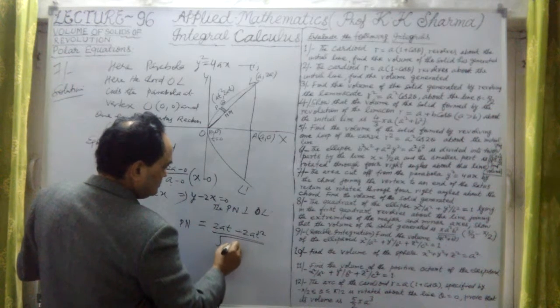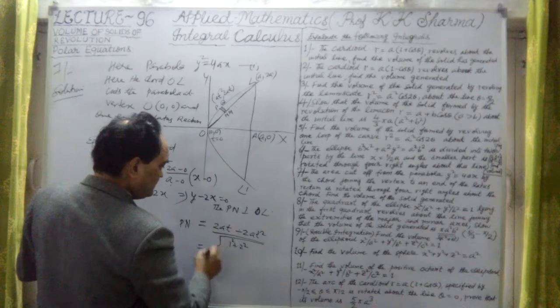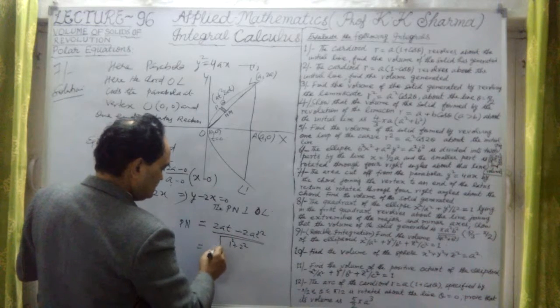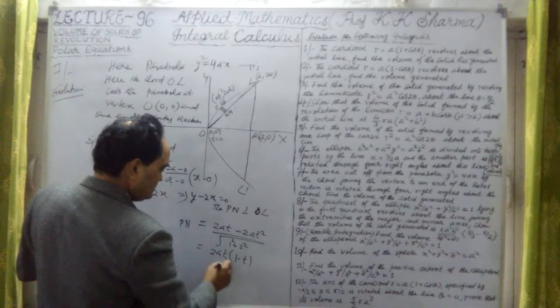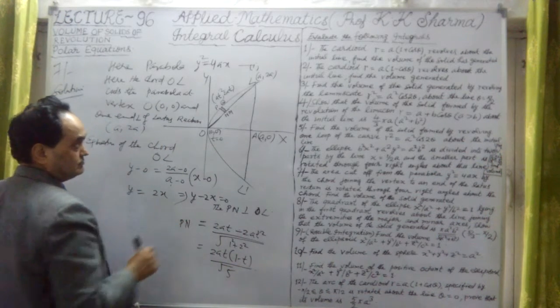This is the perpendicular length of this line. This is 2a. If I take it common, t is also common. It will be 1 minus t divided by under root 5. This is the perpendicular length of PN.